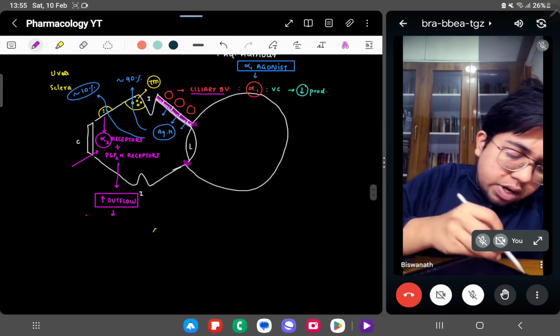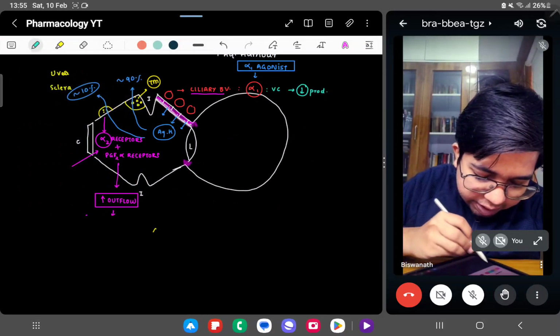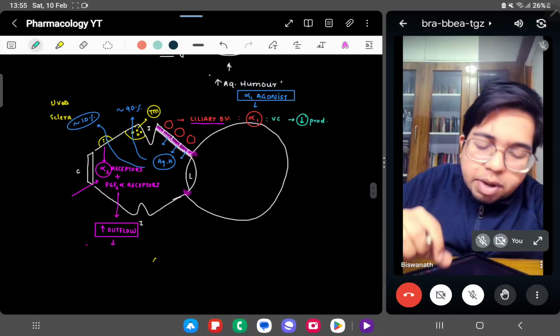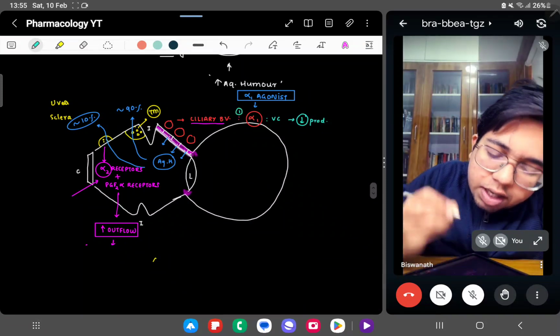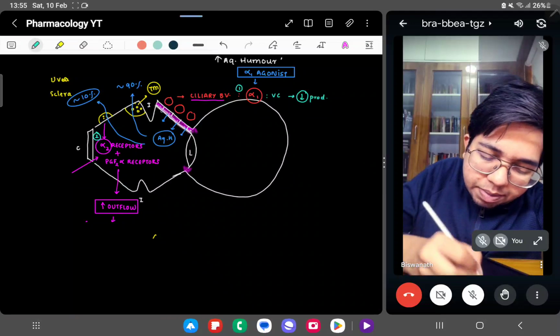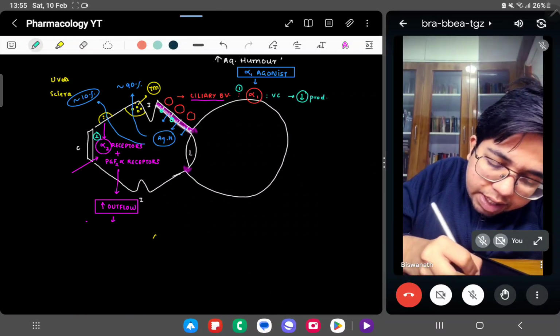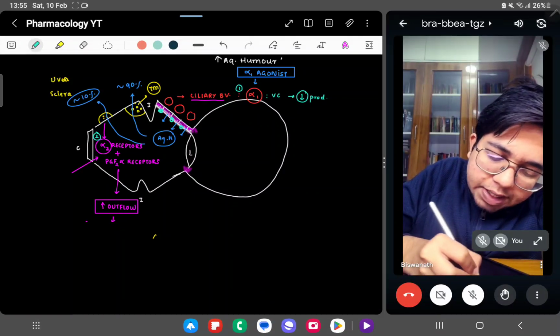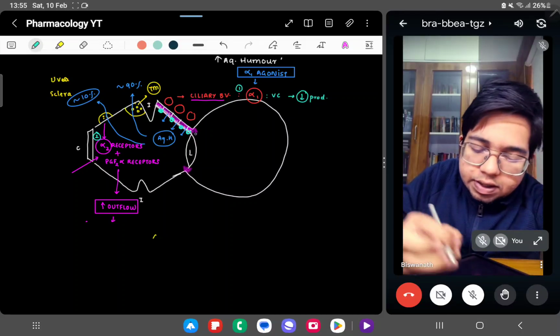Here, another type of receptor we'll see. Let's mark the receptors. This I am marking 1, that is the alpha 1 receptor. Here I am marking 2, that is the alpha 2 receptor. And on the ciliary epithelium also, we have the presence of receptors like this.